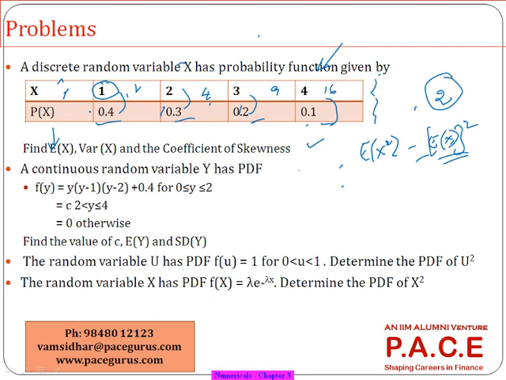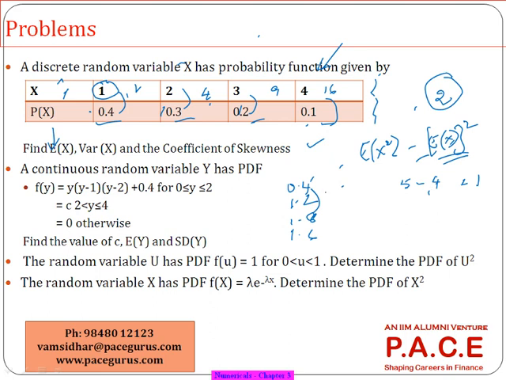So 1 into 0.4, 0.4, plus 4 into 0.3, 1.2, plus 9 into 0.2, 1.8, plus 16 into 0.1, 1.6. 2 plus 3, 5. So expectation of x squared is 5 minus the expectation of x whole squared, 2 squared, 4. So variance is coming out to be 1.